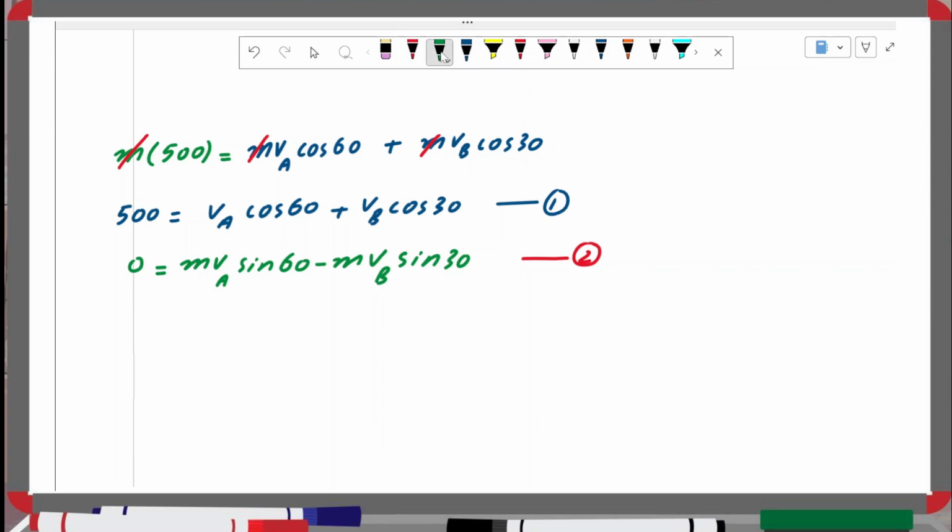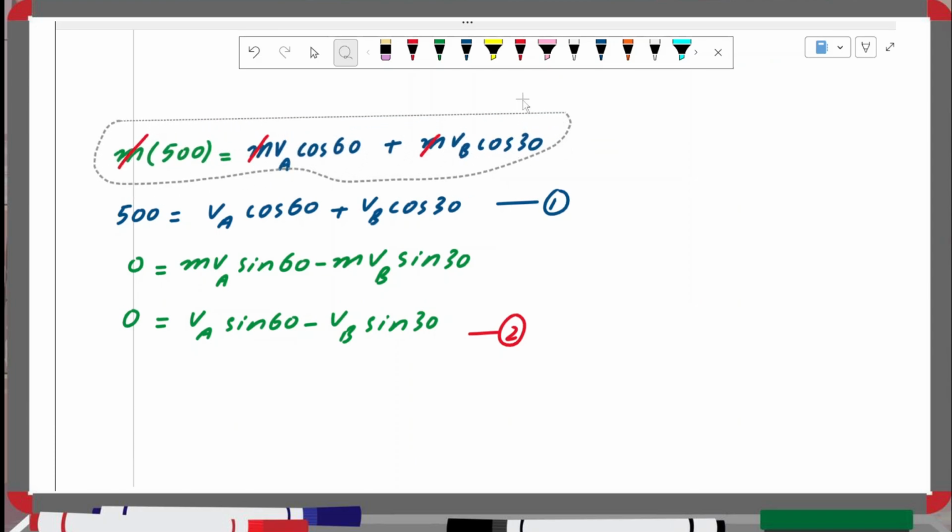So this equation would be simplified as so. These two are now the simplified equations. I'm going to erase the extra ones. You can take a screenshot if you want because I'll be erasing the extra ones.